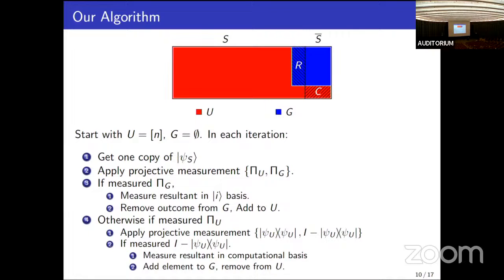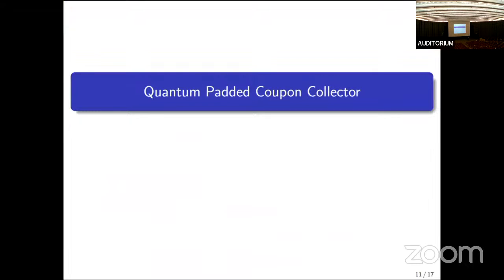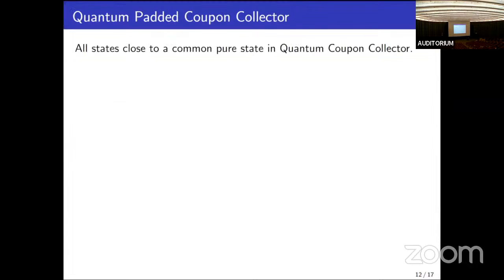Now we move over to the variant of the coupon collector problem we described, which we termed the quantum padded coupon collector. The reason for defining this problem was that we wanted a problem that does give us the proper lower bound, but does not exhibit the same quantum speed up that shows up in the quantum coupon collector problem.